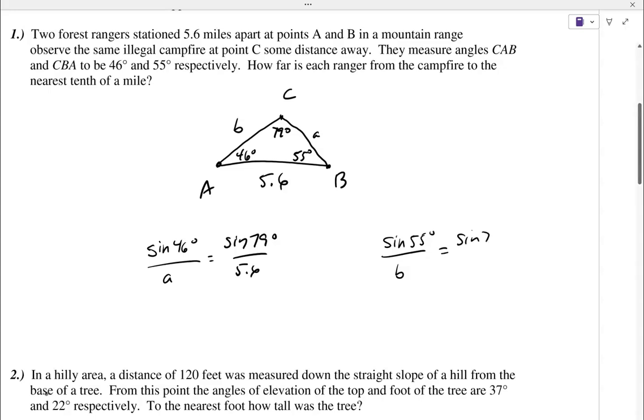And then same thing on the right side, right? Agreed? So if we solve for A, you would have 5.6 sine of 46 over sine of 79.